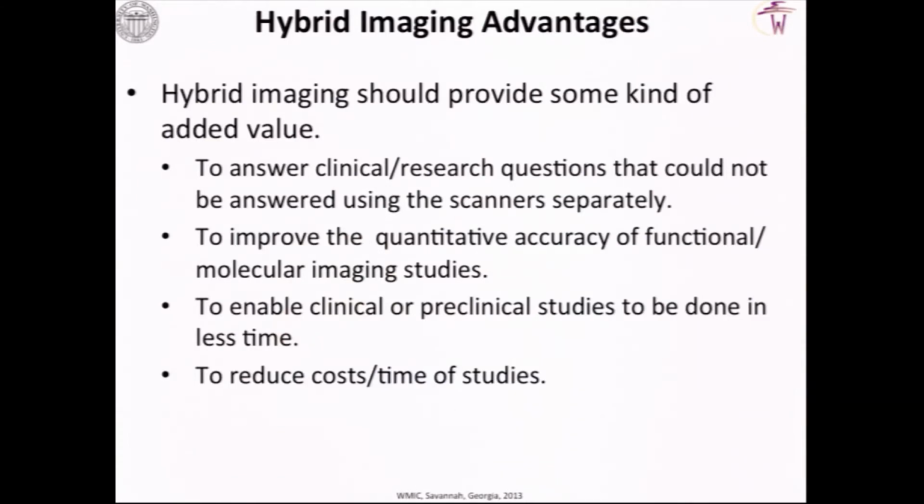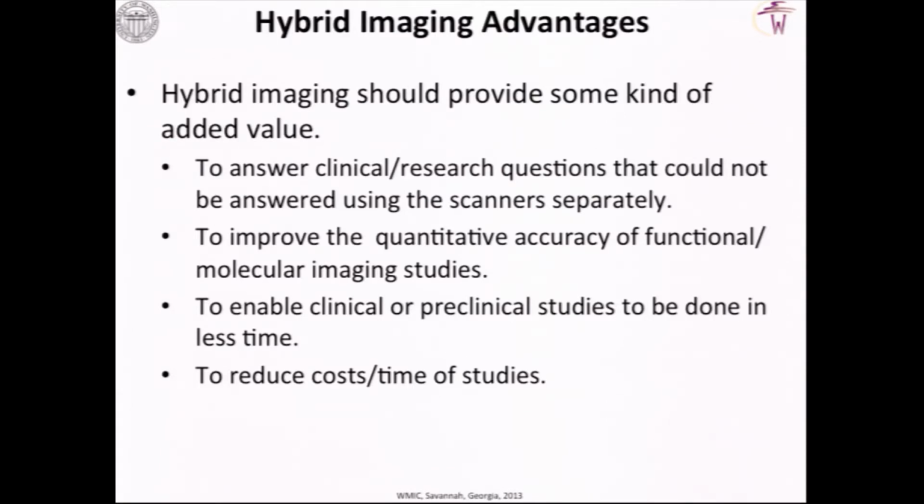So when you're looking at hybrid or multimodality imaging, what are the advantages? Again, the hope is that with a hybrid imaging system, the combination of these two images is going to provide added benefits over having the two images separately.